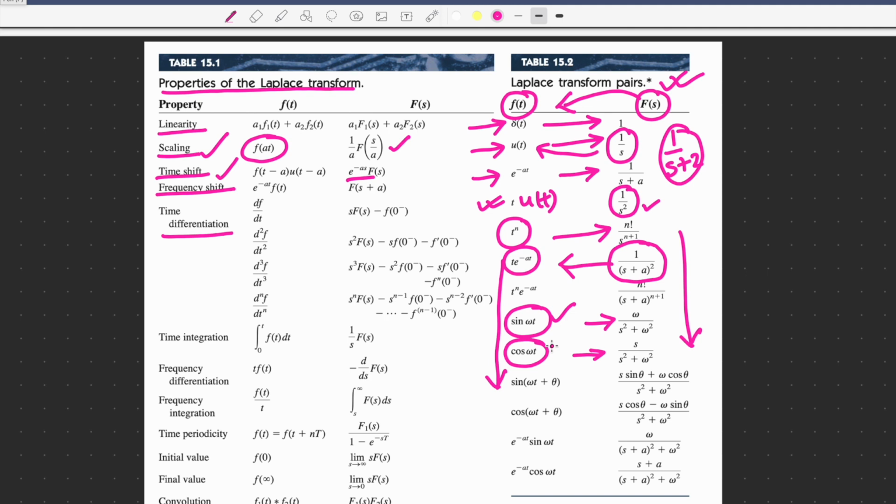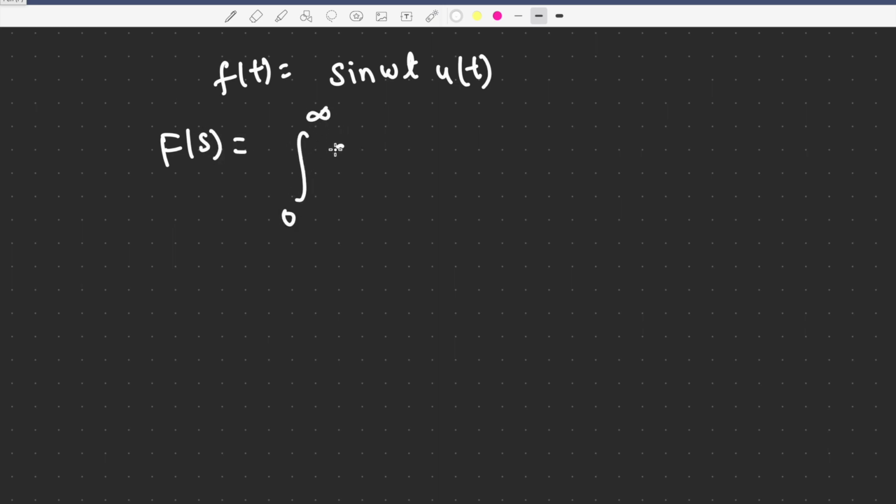I can also explain this sin omega t and cos omega t for the Laplace transform, and then we will go ahead with the inverse Laplace transform. So let's take sin omega t first. Our function is f(t) = sin omega t u(t). So we can find the Laplace transform as the integral from 0 to infinity of sin omega t e to the power minus st dt.